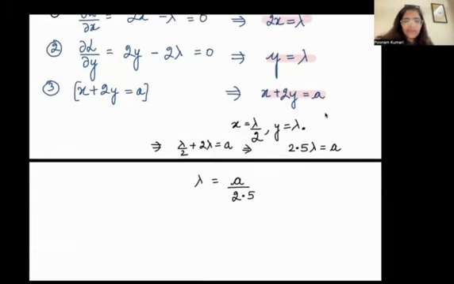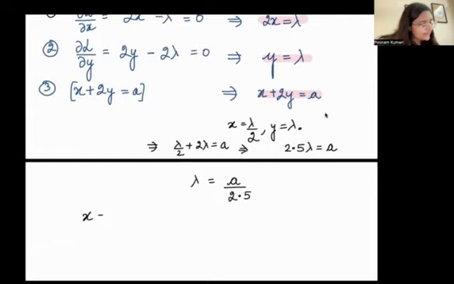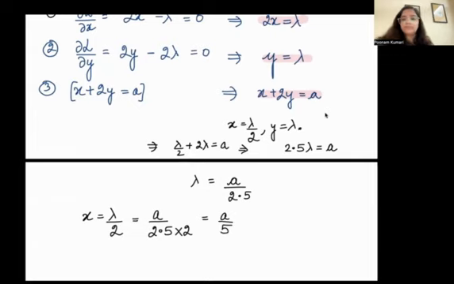Yes, ma'am. So if lambda is a divided by 2.5, then x is lambda by 2, which equals a divided by 2.5 times 2, which is a divided by 5. And what is the value of y? Exactly equal to lambda, which is a divided by 2.5.